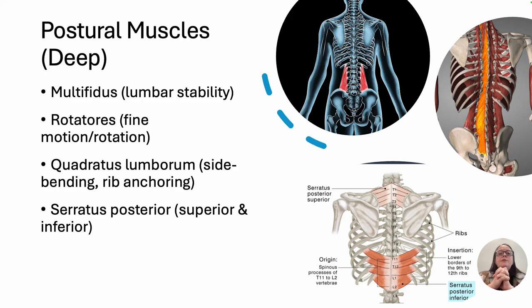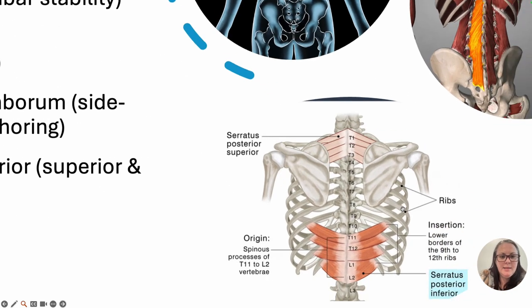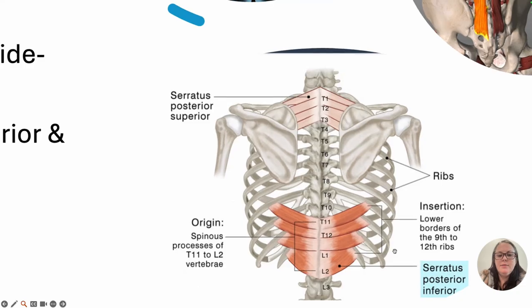Then you remember your serratus anterior that wraps around the ribs, like if someone were to grab you like this. Well, you also have a serratus posterior. This is on the back of your body. The serratus posterior has a superior, the high fibers, and the inferior, the lower fibers. And this is what the direction of those fibers are.